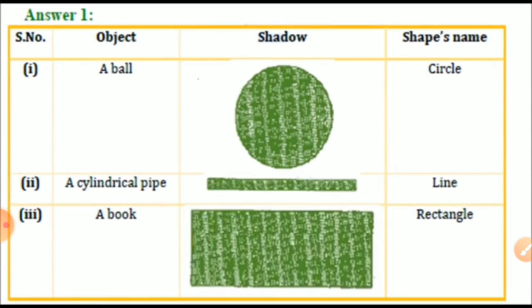You will get the shapes of the shadows: a ball, yes, a circle; a cylindrical pipe, a line, two lines; a book also, a rectangle. The cylindrical pipe has a thick line, a book has a rectangle, a line means a rectangle only, a thick line. Correct.